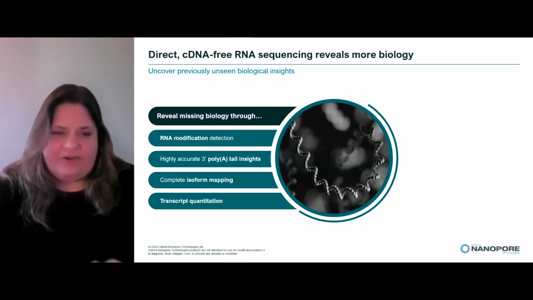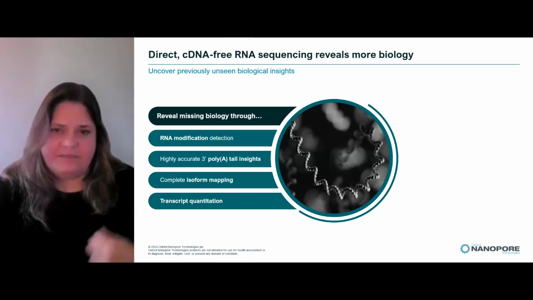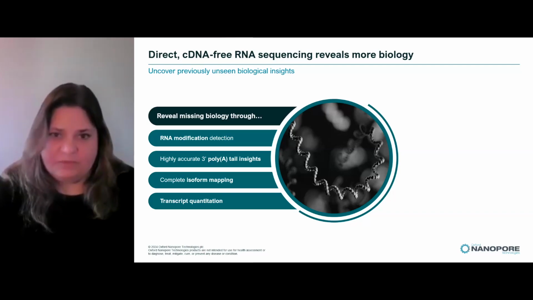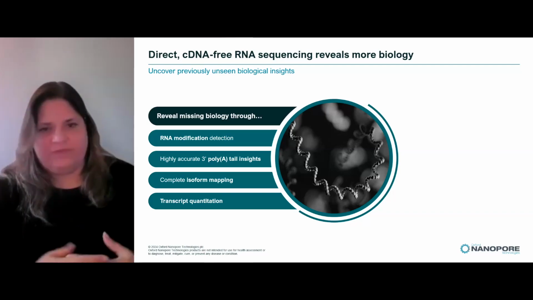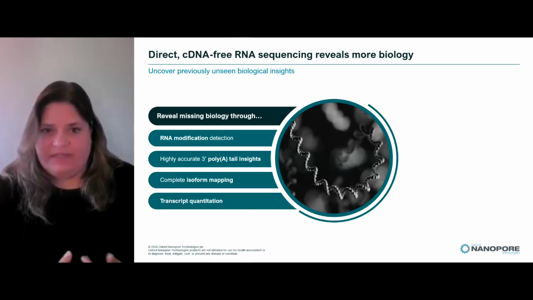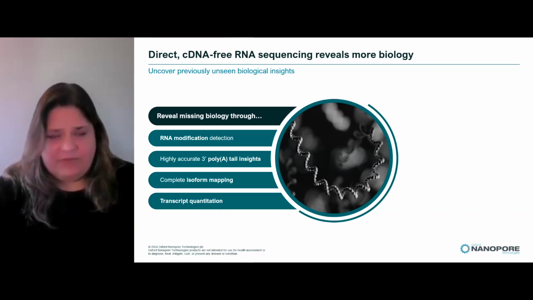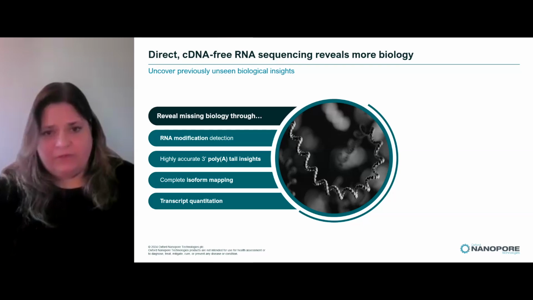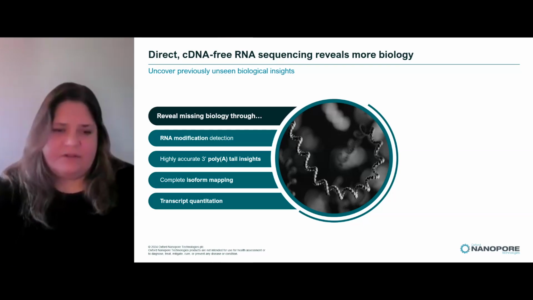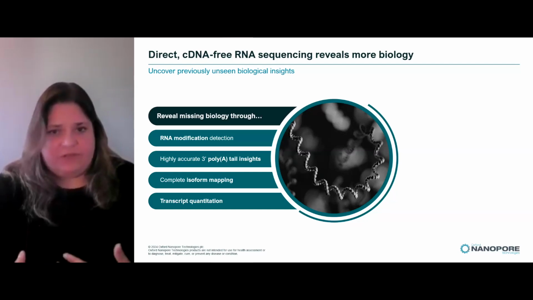We get highly accurate poly-A tail insights, which means that we can measure the poly-A tail lengths, which, as I mentioned before, can give you an idea of what's actually happening to those transcripts at any given point. We get complete isoform mapping because we're looking at the full transcript. And we also get quantitation because we don't do PCR amplification. So basically what your sample is, is what you're going to get as far as your data downstream.